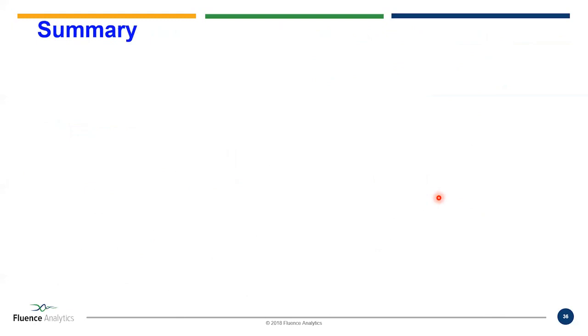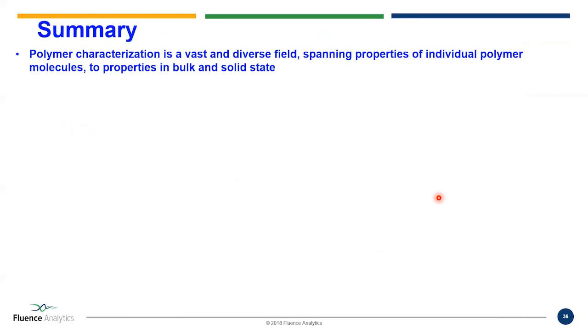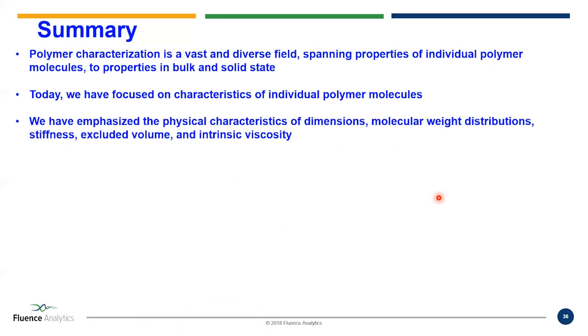Okay, so to summarize, today we're looking at this vast field of polymer characterization and just looking at only individual polymer molecule characterization. We were emphasizing dimensions by radius of gyration, static light scattering, multi-angle, hydrodynamic dimensions with dynamic light scattering, molecular weight distribution, stiffness to persistence length concept, intrinsic viscosity.